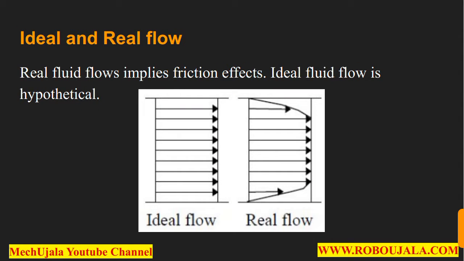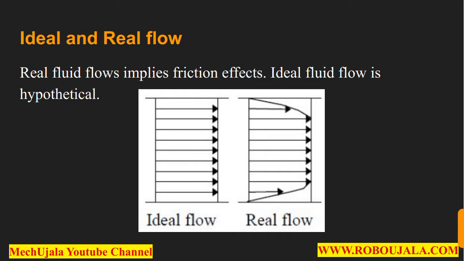A real fluid implies friction effect. Ideal flow fluid is hypothetical. As you can see here, fluid is flowing through a pipe, but in ideal flow the velocity of each point of fluid is the same.